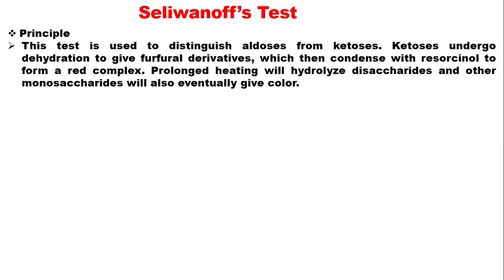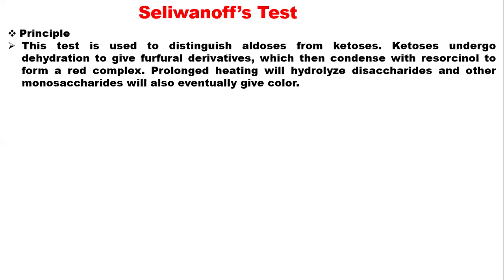So the Seliwanoff reaction is a test that is used to distinguish between aldoses and ketoses. It is similar to the Molisch test, but ketoses are dehydrated more readily than aldoses to produce the furfural derivative.